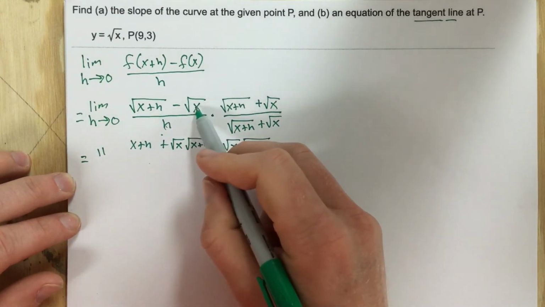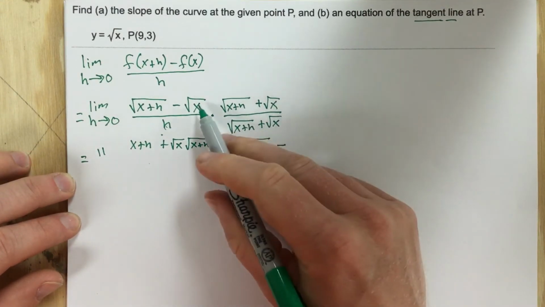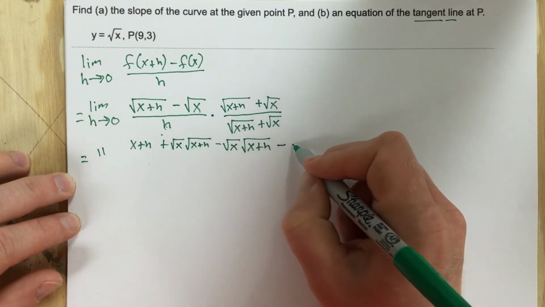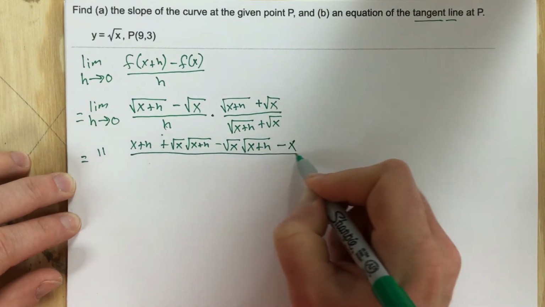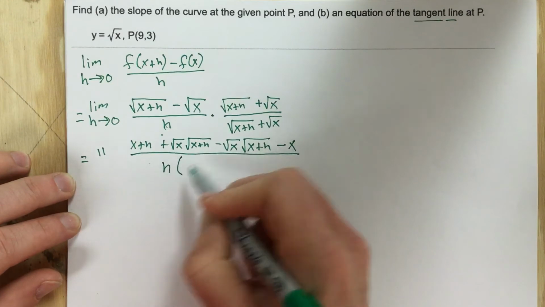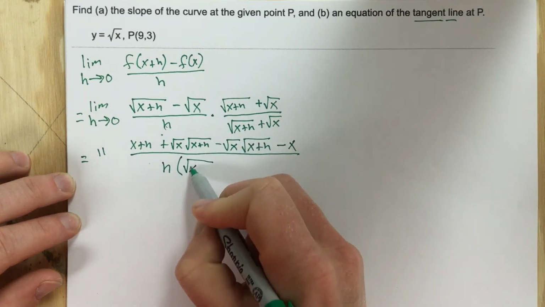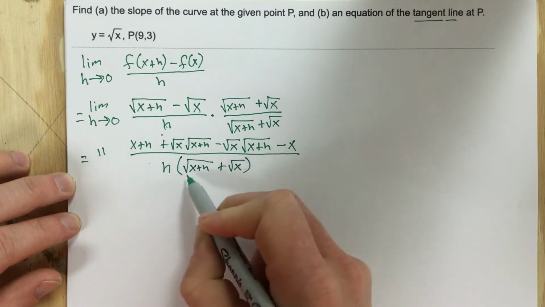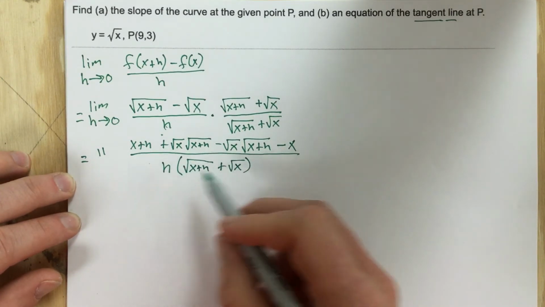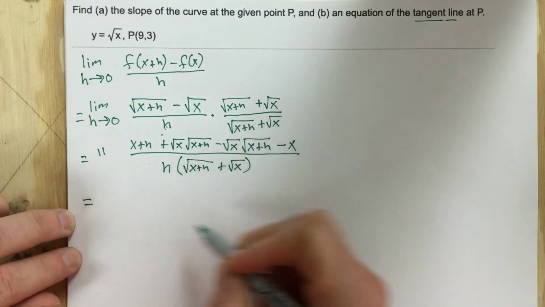And then negative root x times root x will give you negative, the roots cancel, and that's just negative x. And that's going to be all over h, and I'm just going to leave this in parentheses right here. This will be root x plus h plus root of x. I just think it makes sense to leave it like that.